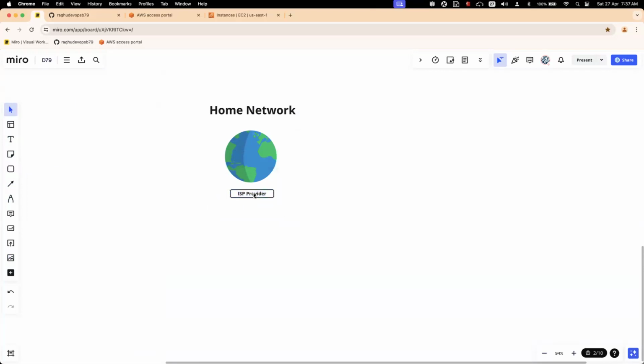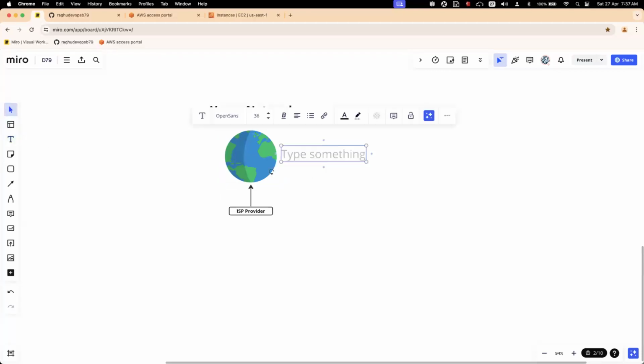Now this ISP provider is the one who is plugging you into the internet. This is the internet, right? Internet means you can connect to any website, anything inside the world. So that is called the internet. Now let's assume this is the internet. What the ISP is doing is helping you get into the internet.